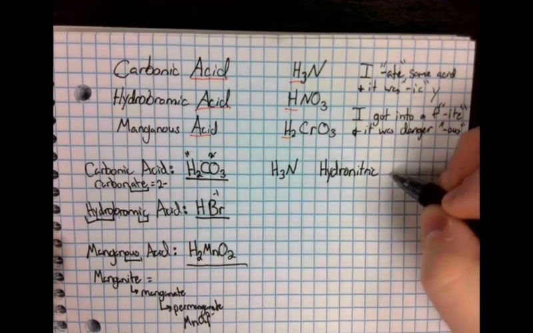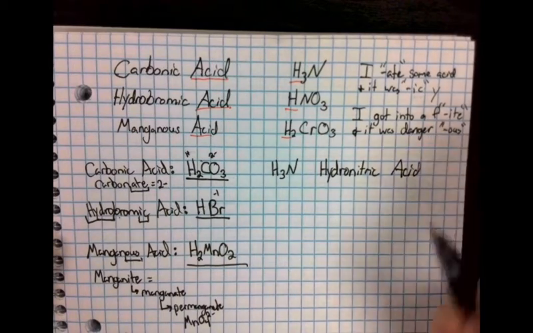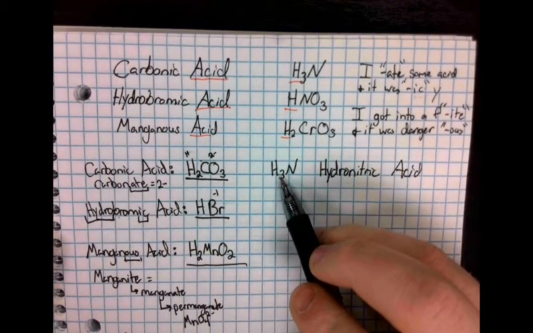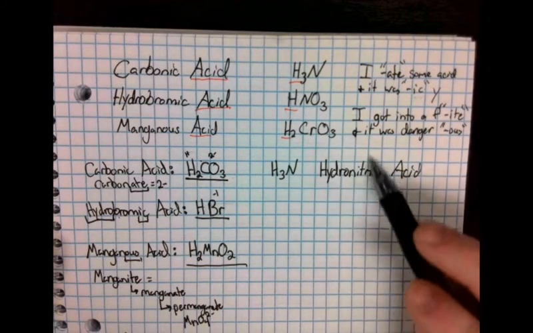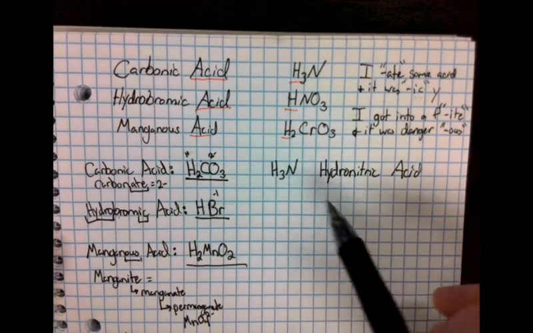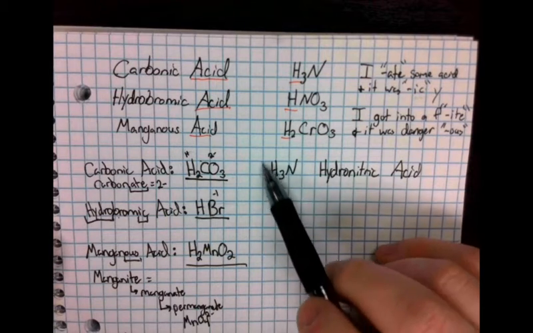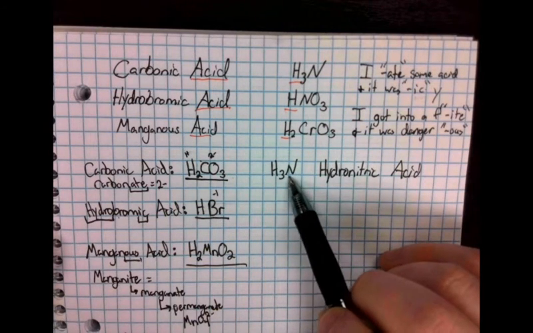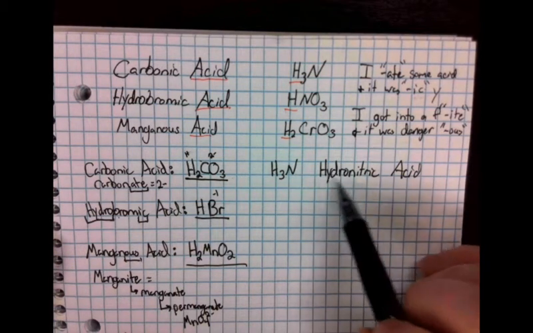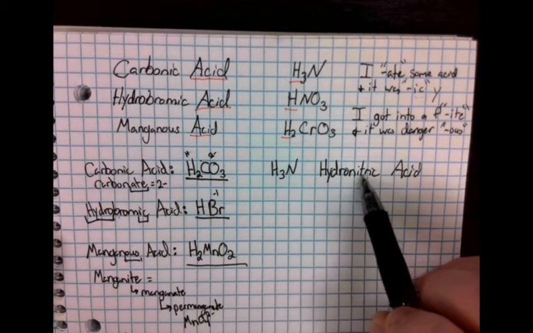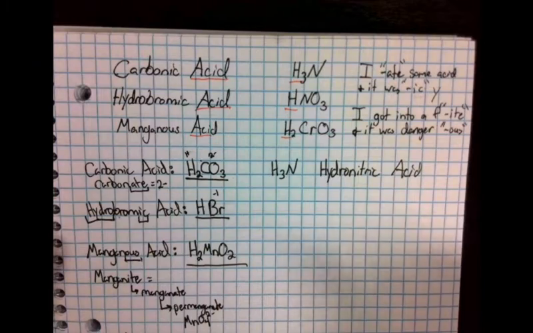And then we have to add the ending, so we're going to add acid. In this case, again, you see the hydrogen out front, you automatically know acid is the end. You just have to figure out what this first piece is. So hydronitric acid. Hydro, because it ain't got no O's, it's a single element. Nitrogen would end in nitride normally, and ide endings become hydro-blank-ic acids.